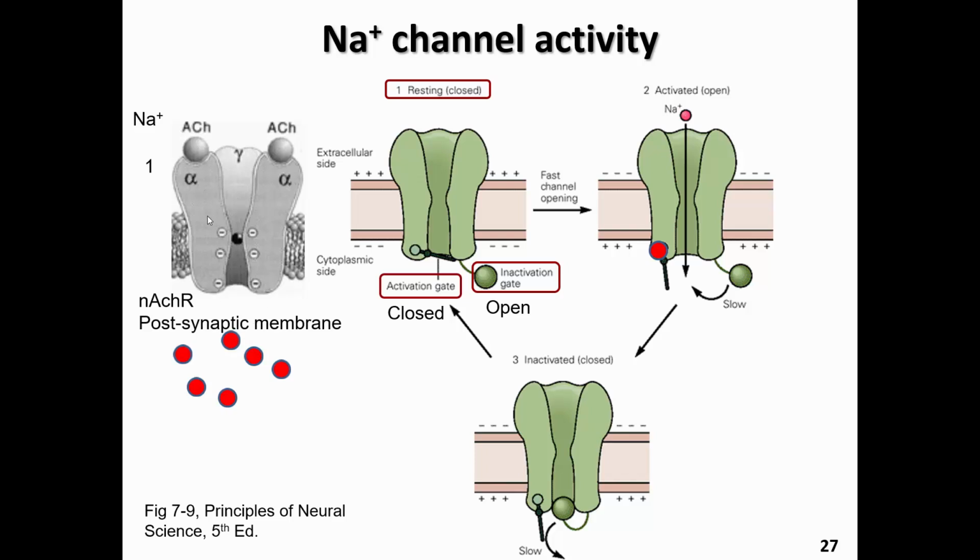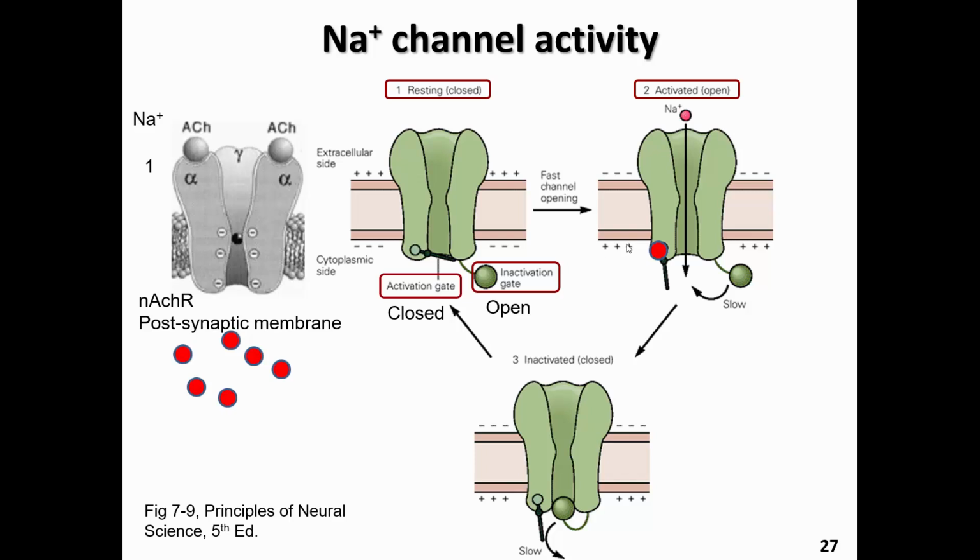So once the ligand opens up this particular channel, sodium rushes in, and then sodium will find its way to the voltage-gated sodium channel and will open it. So in the resting state, we have something called an activation gate, which is a schematic that is closed, but the negative inside charge changes to positive. So as we add these positively charged sodium ions to the interior of the cell, it takes on a positive environment.